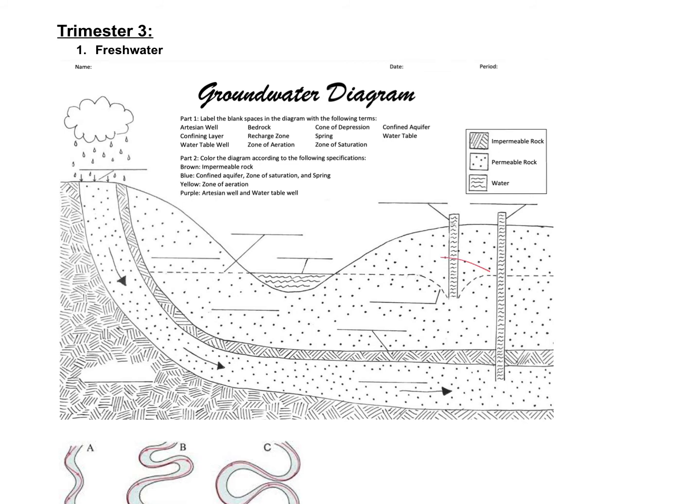All right, so over here you're actually seeing the cone of depression. You're seeing an ordinary well. This right here would be your artesian well. This is your aquitard, or your confining layer, and then this becomes your artesian formation, whereas this is an unconfined aquifer up here, right? And this becomes the saturated zone.